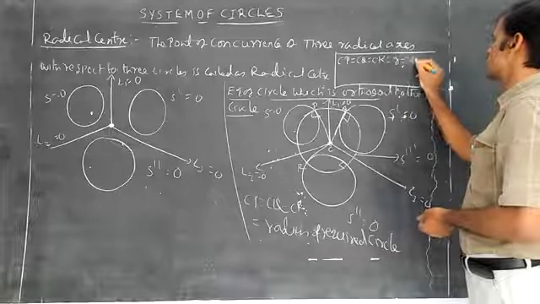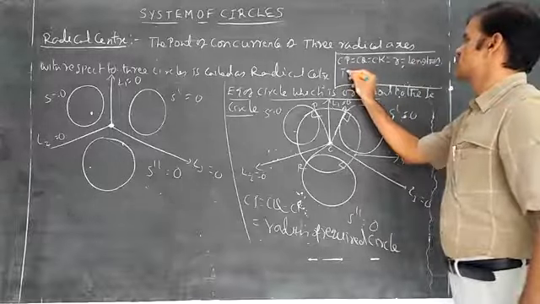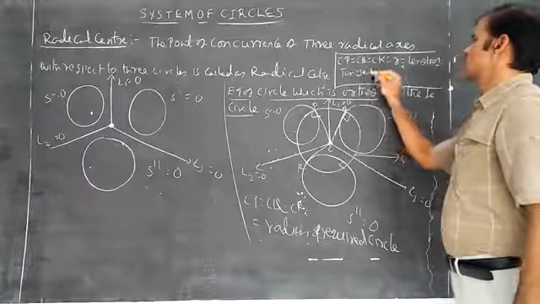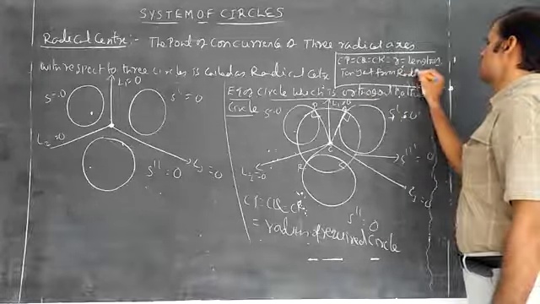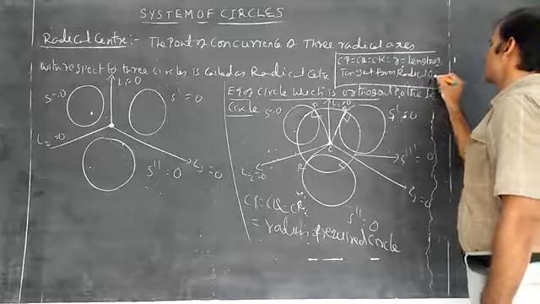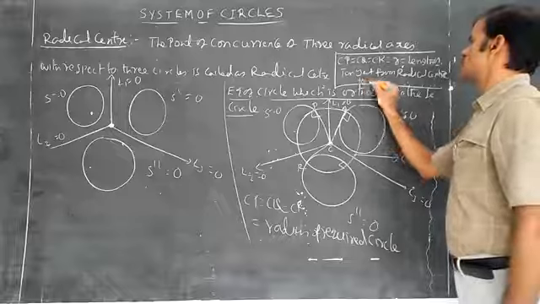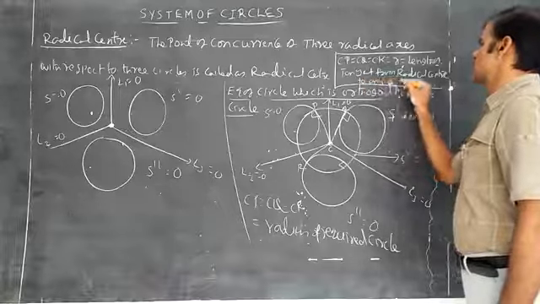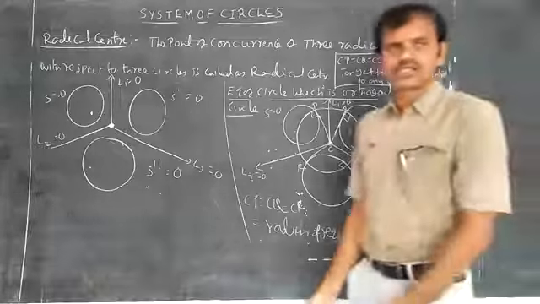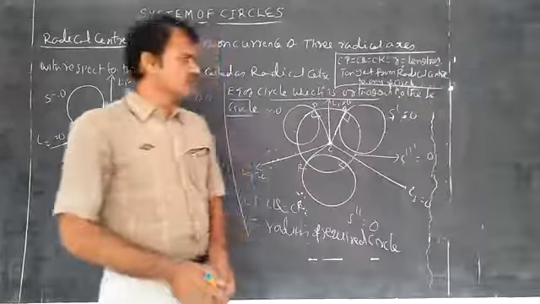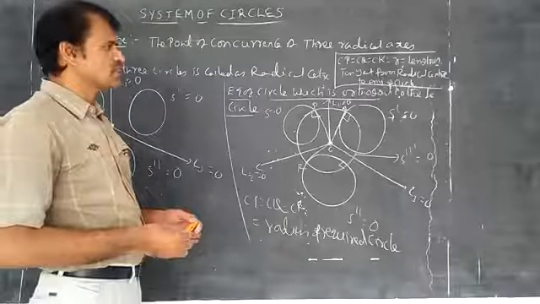R is equal to the length of tangent from the radical center to any of the circles. There is no question of first, second or third circle, because the lengths are equal for any circle. We can get the radical center. Length of tangent from the radical center to any circle is nothing but the radius.